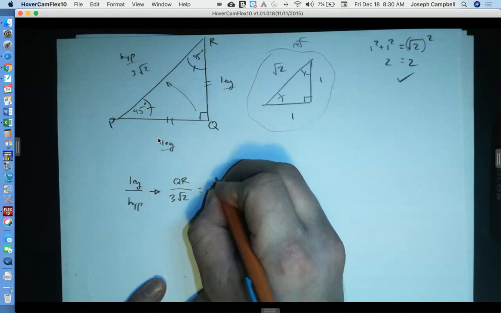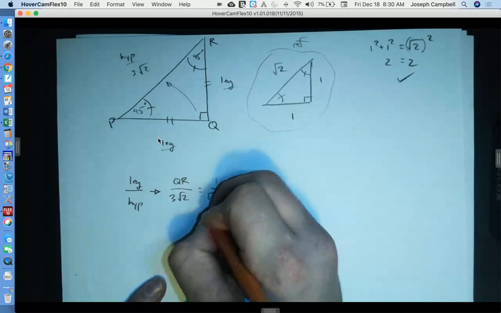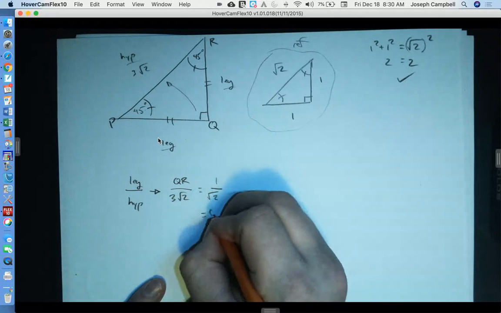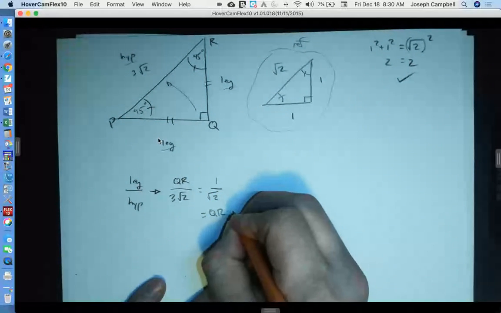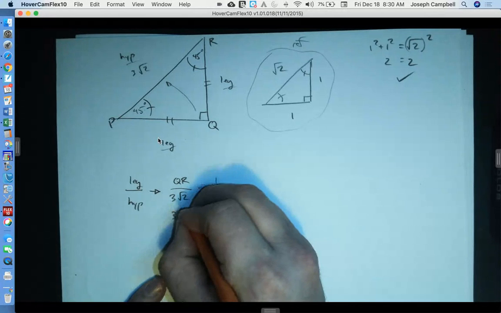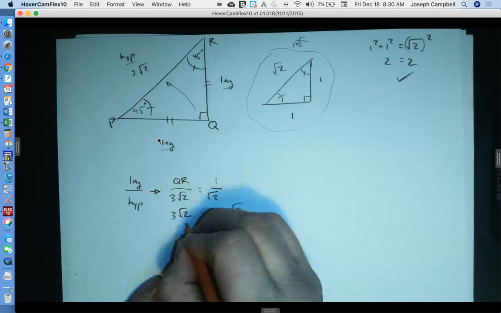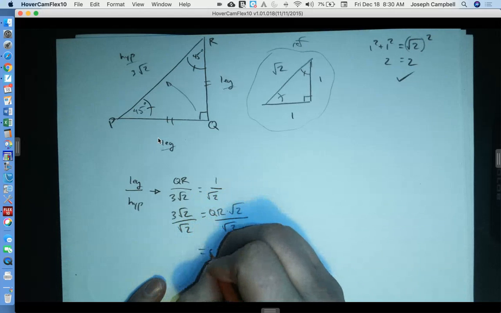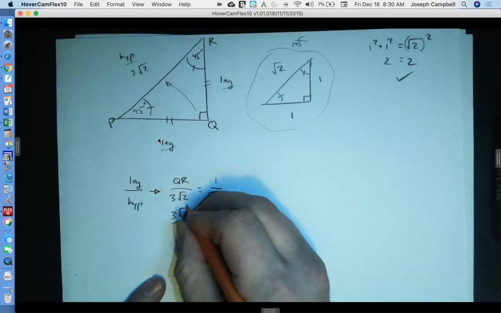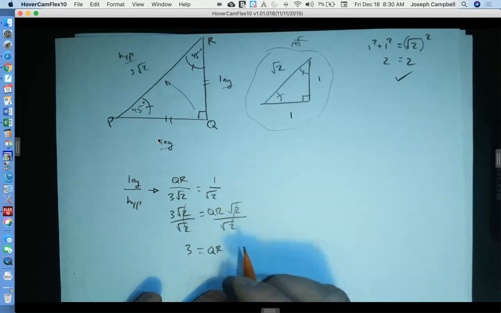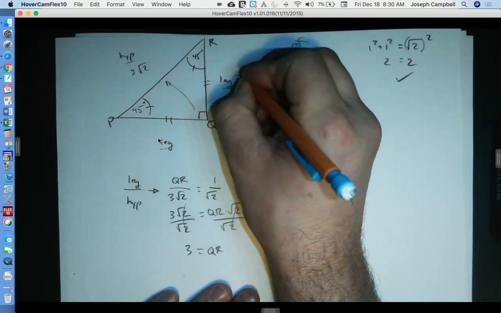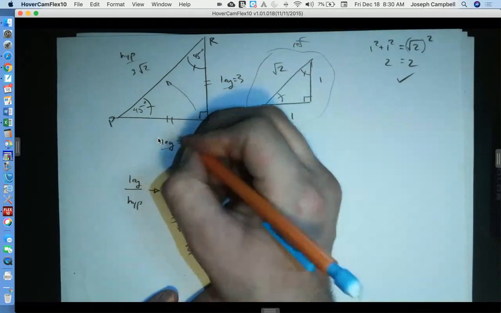The leg is 1. The hypotenuse is root 2. So cross multiply them. Right? Now to get QR by itself, I divide by root 2. And that works out nicely. No rationalizing involved. So QR is just 3. And if this is 3, then this must be 3.